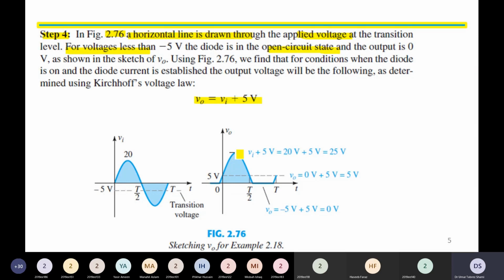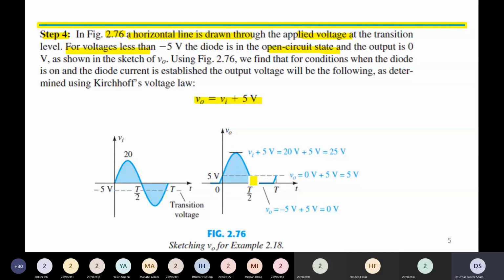It has been level shifted. Then even at time t by 2, where the input voltage is 0, since we have an external DC battery, this DC battery will now supply the voltage, and at time t by 2 the output voltage is 5 volt.